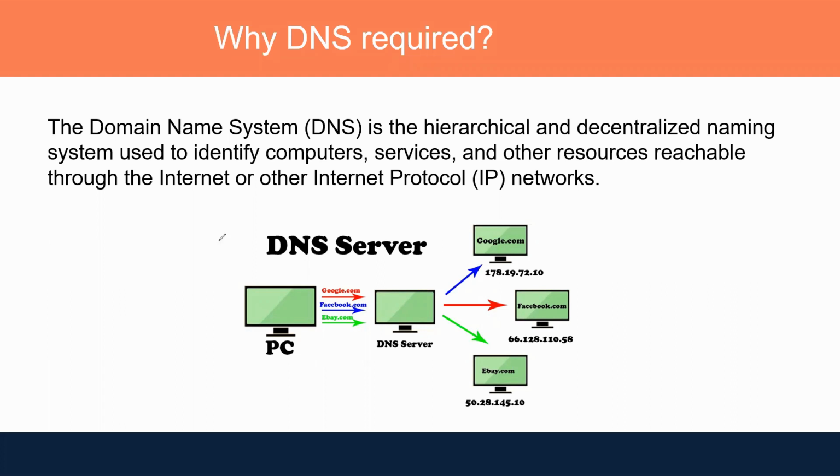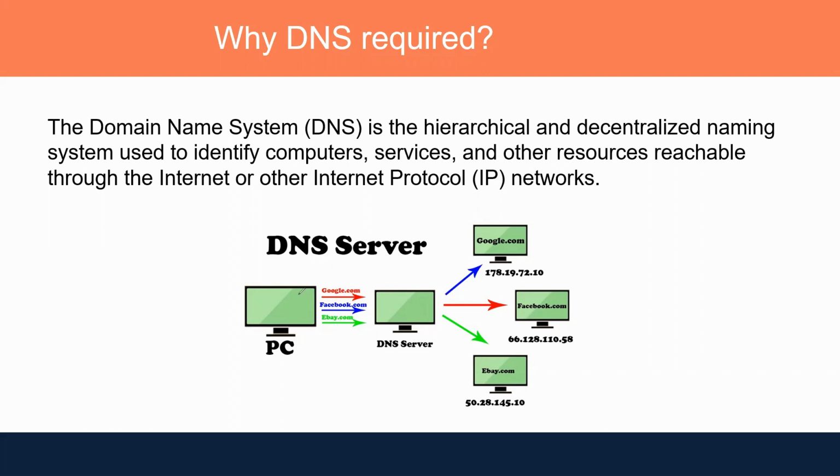Now, if we talk about the Domain Name System, what it does basically, this is a hierarchical design and decentralized naming system, which is stored on DNS servers. Whenever any PC is requesting a website name, by default the PC requires an IP to communicate. This is IP to IP communication, but for a user, it is not easy to remember the IP, and that's why a user-friendly name has been created.